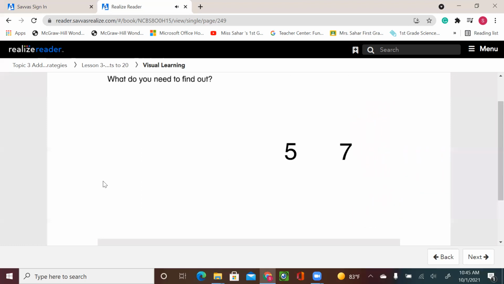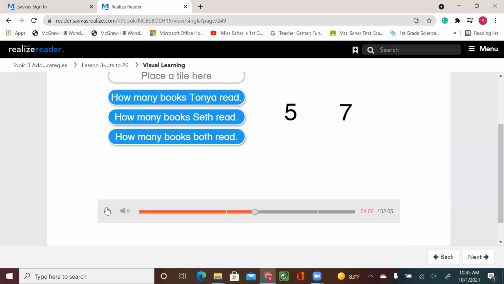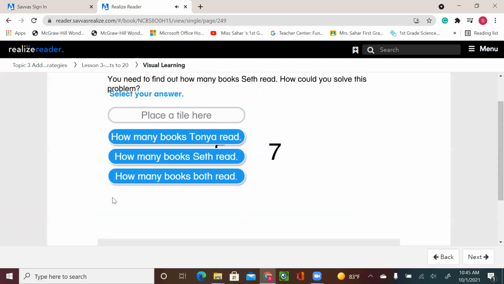What do you need to find out? Select your answer. So we need to find out who read more. So we need to say how many books Seth read. Tanya read 5 books and Tanya read 7 fewer books than Seth. You need to find out how many books Seth read.